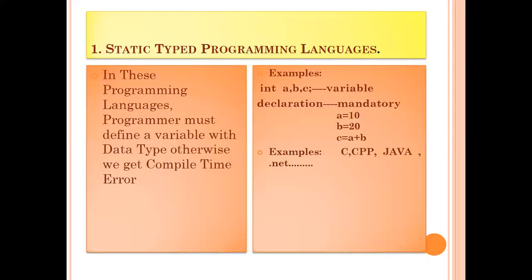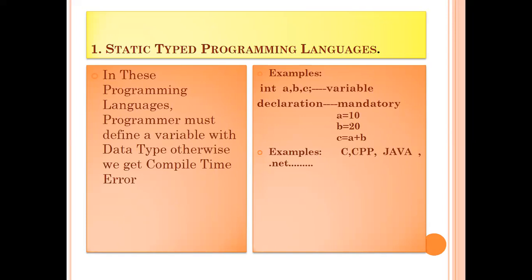Students, in static typed programming languages, programmers must define a variable with the data type, otherwise we'll get a compile error. In these programming languages, the programmer must define a variable with data types.